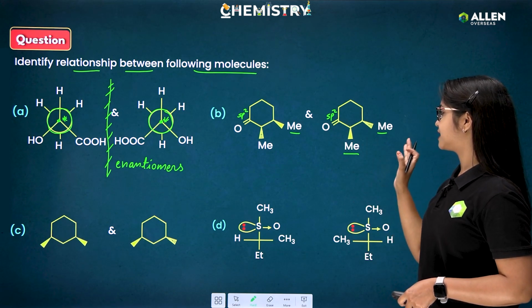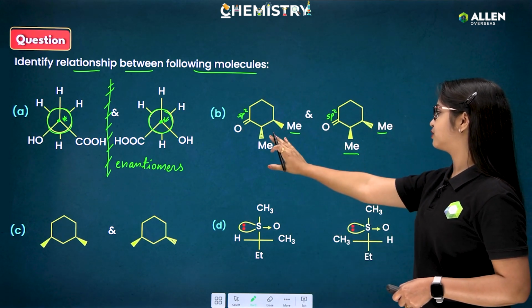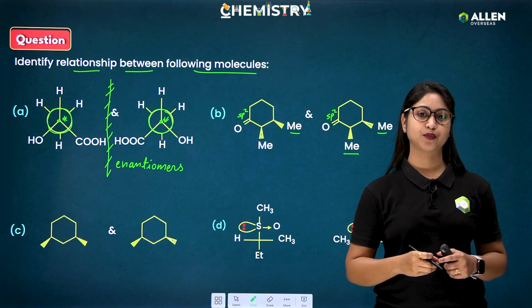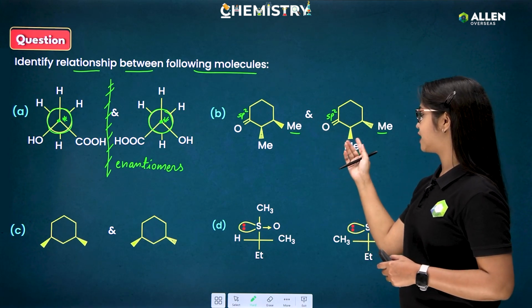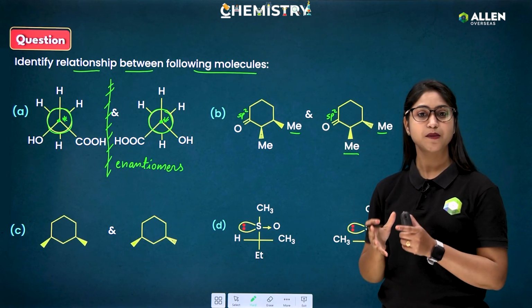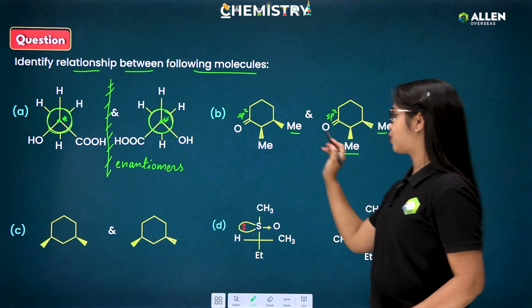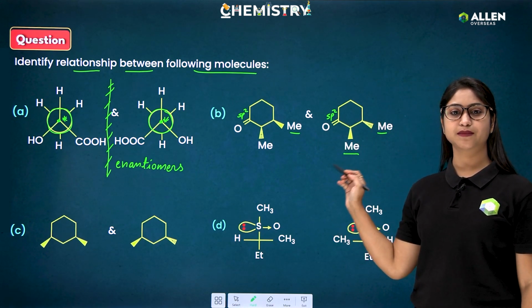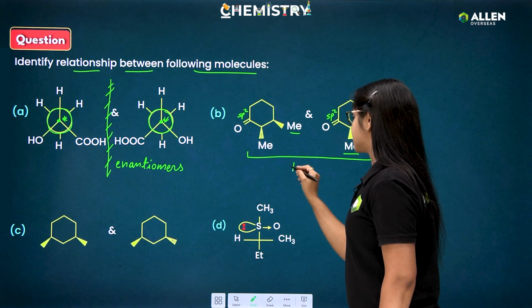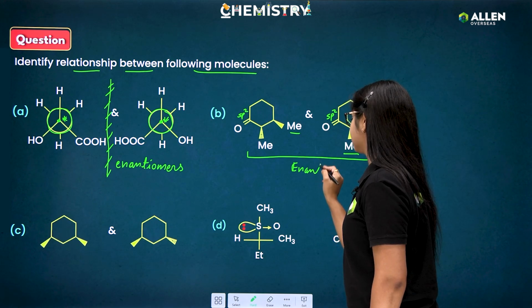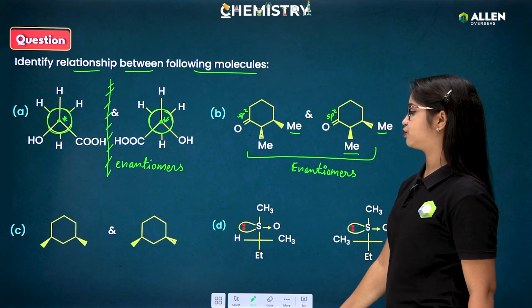If you just place it over this compound, then they will not superimpose on each other, because this methyl is going away from observer, this is towards the observer. Similarly, the second methyl also. So they are also non-superimposable mirror images of each other. That's why these are also enantiomers, okay.